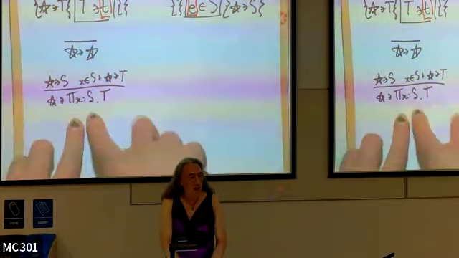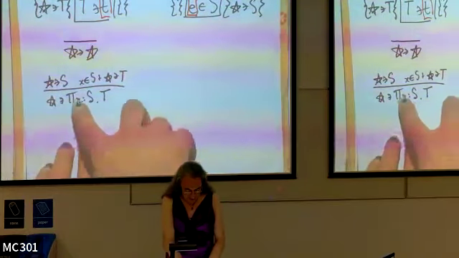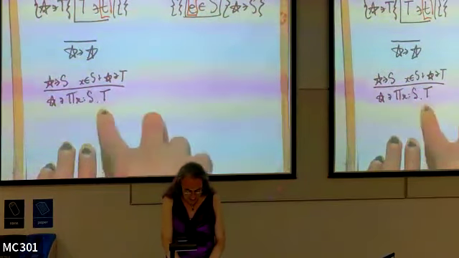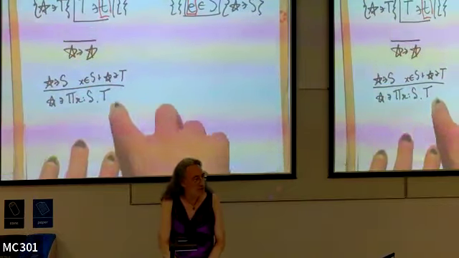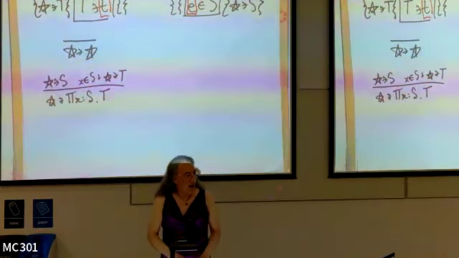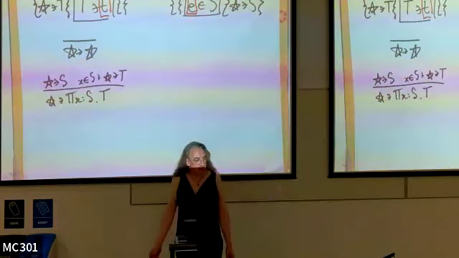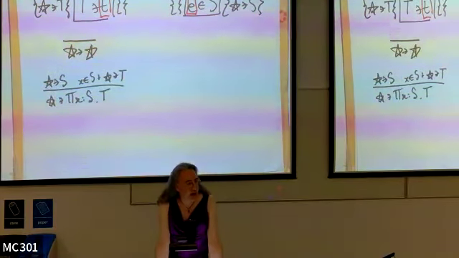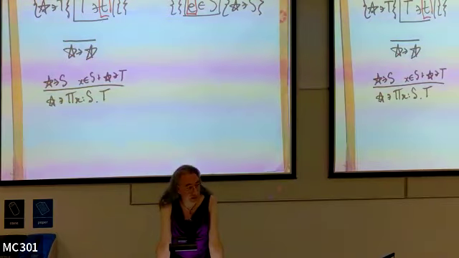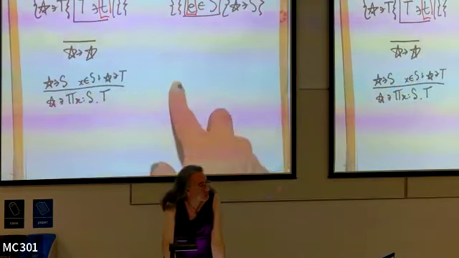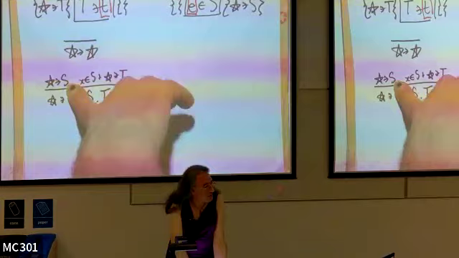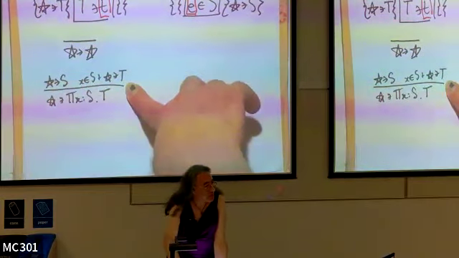So here I'm obliged, if I'm checking if pi x in S T is the subject of the conclusion, to check each of S and T exactly once as the subject in the premises of these rules. So here, S is being checked. Here, T is being checked.